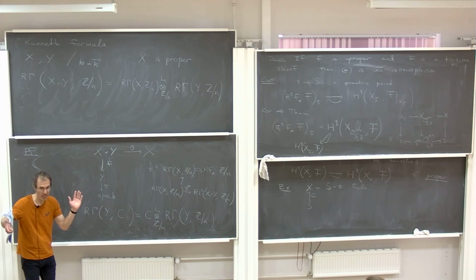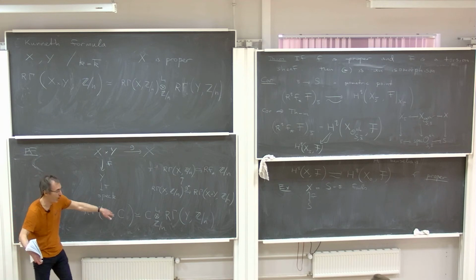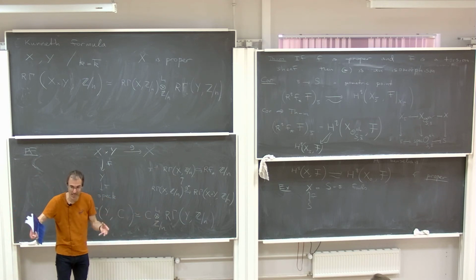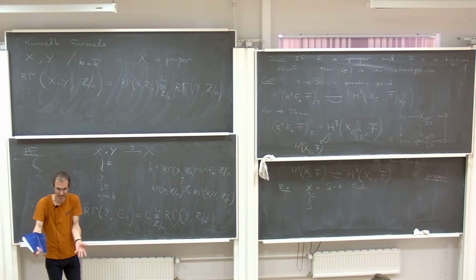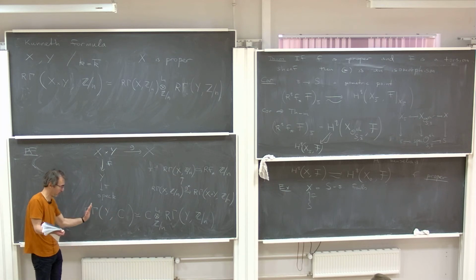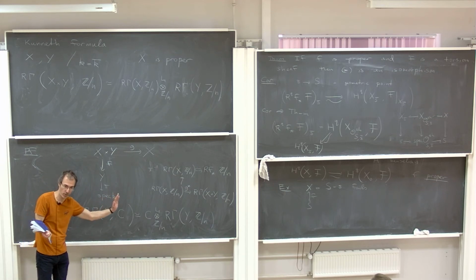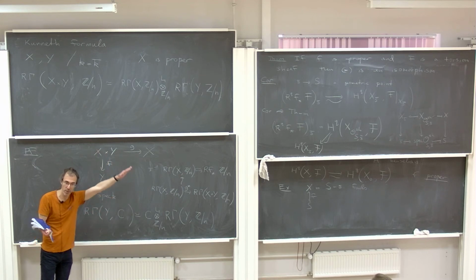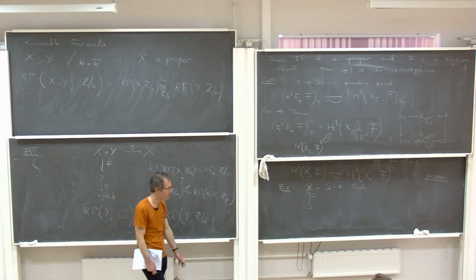These sheaves need not be injective if your coefficients are not an injective abelian group, but they are acyclic, in the sense that they don't have any higher homology. So you can produce a canonical resolution for any sheaf, this Godement type resolution, and then use it to prove this assertion.